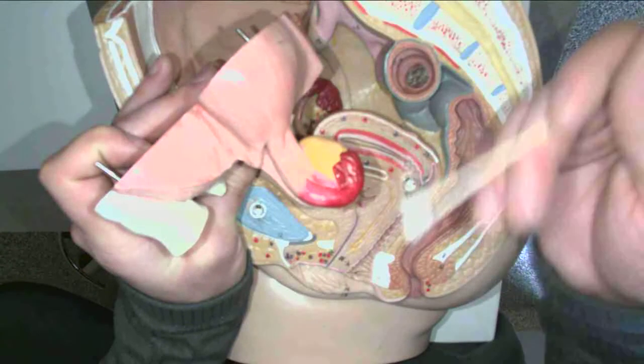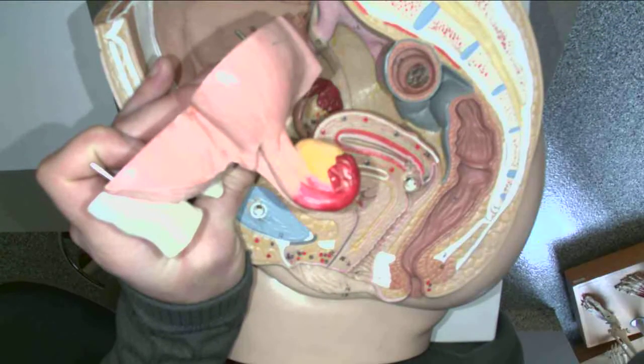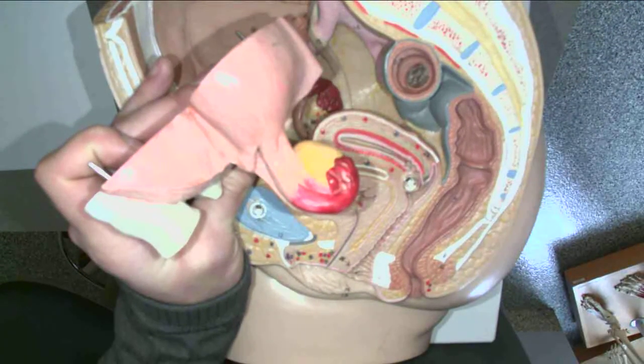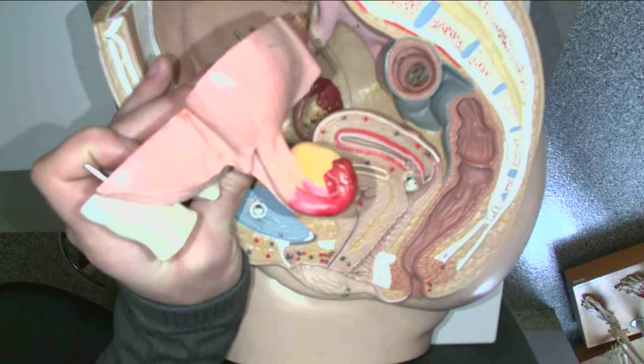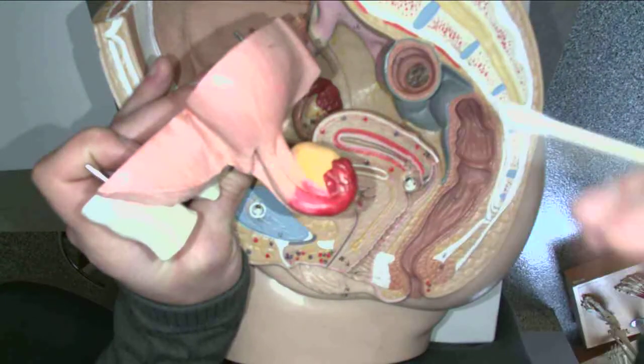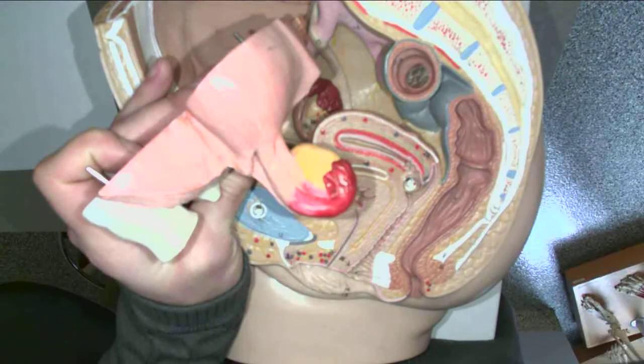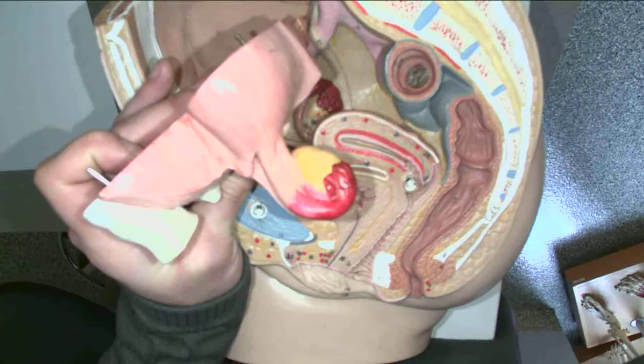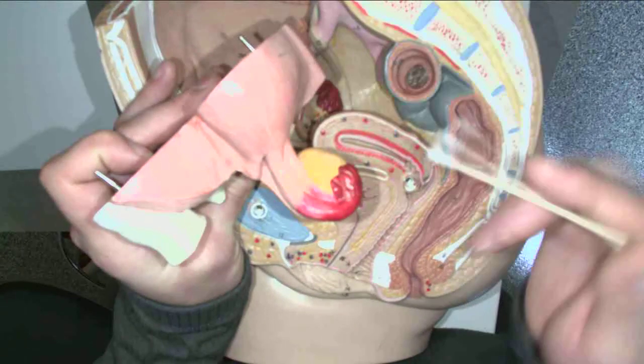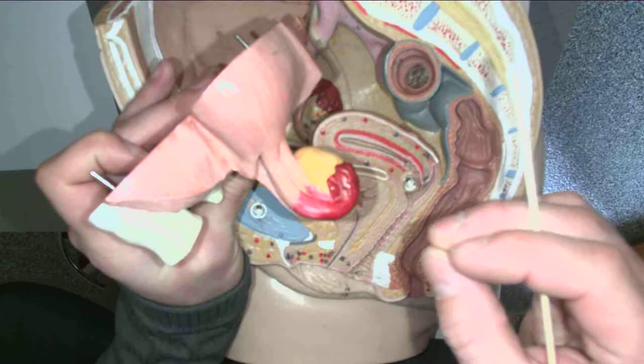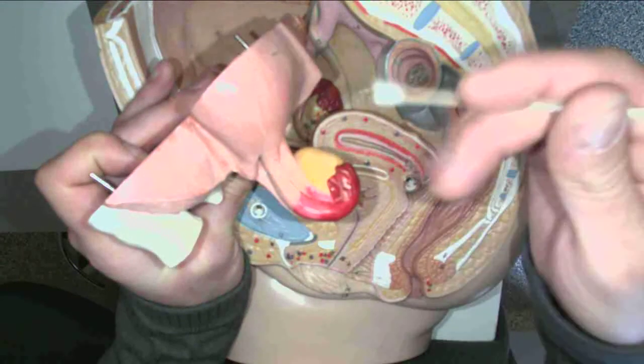And these fimbriae help sweep up, literally collect that oocyte and direct it into this tube. So it prevents it from being lost in interstitial space, so to speak. So these are the fimbriae, and they're connected to this tube.